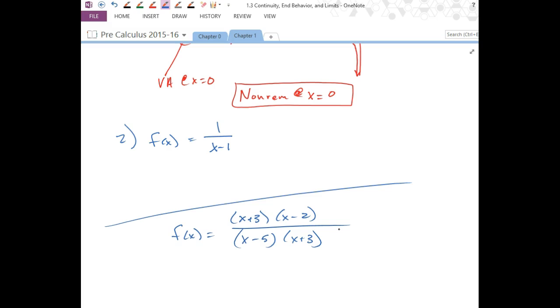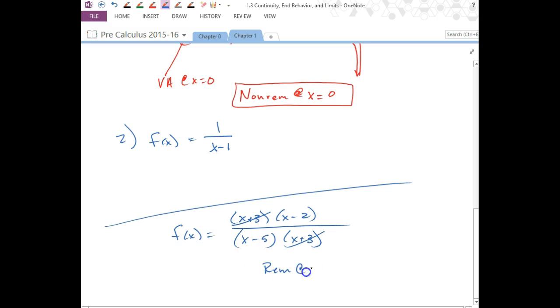Now, if you look at the top, what do you notice with the bottom? There's an x plus 3 on one of the quantities. Yeah, so when a quantity cancels out, that creates a hole. So that means there would be a hole, which is what kind of discontinuity, by the way?